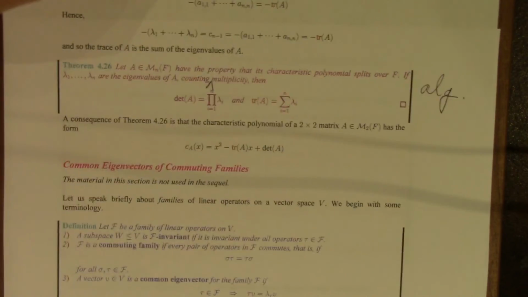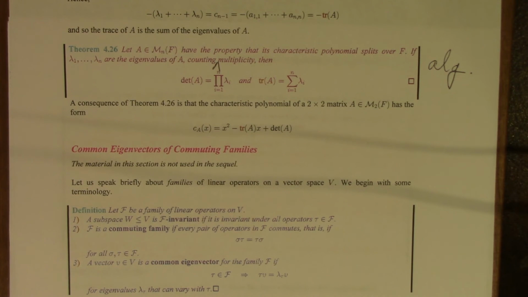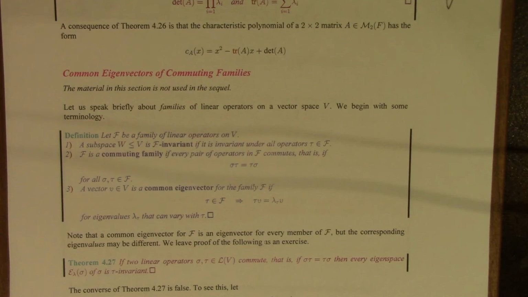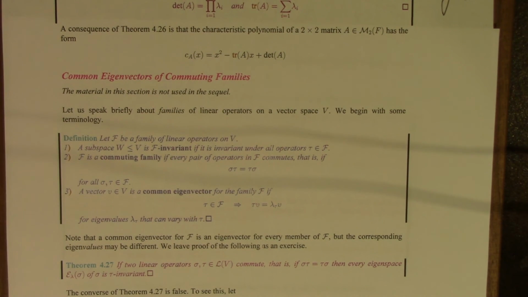Let's take a moment to discuss another topic that won't be used in the sequel, but I think might be interesting for you to see. Suppose we already know that if tau is a linear operator, and if v is an eigenvector associated to an eigenvalue lambda, then tau has a very nice performance on the one-dimensional subspace generated by v.